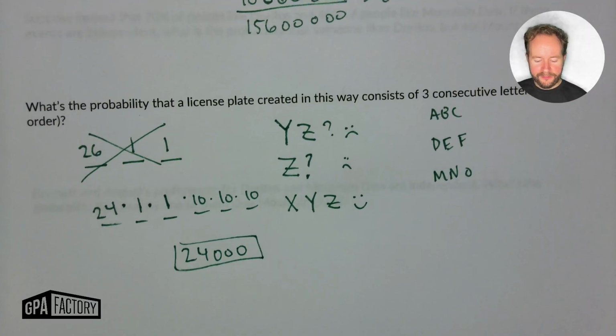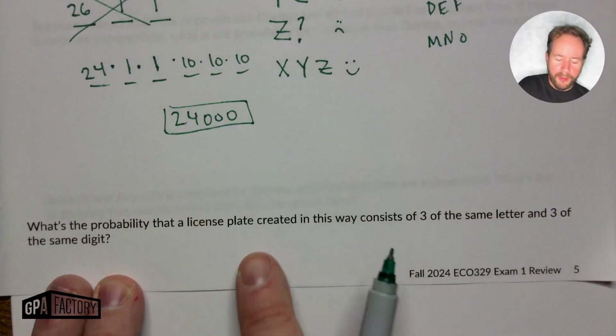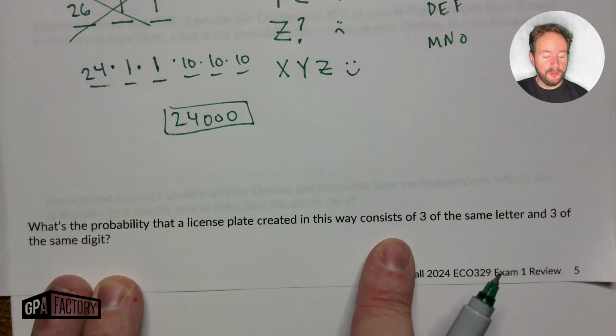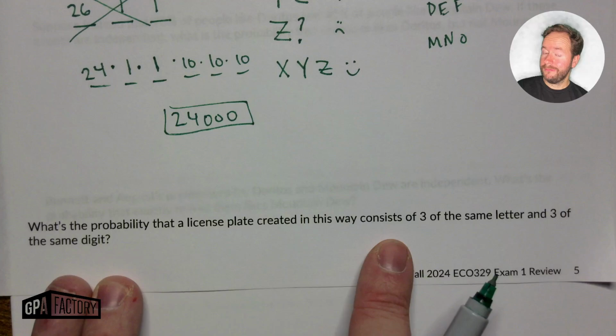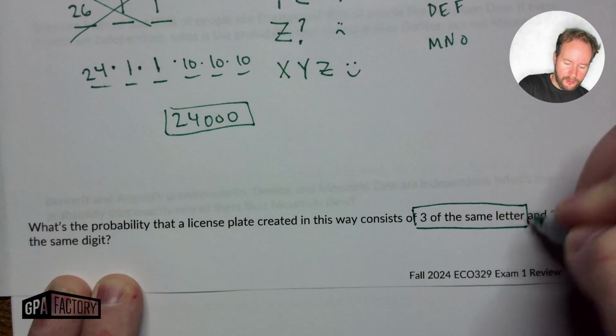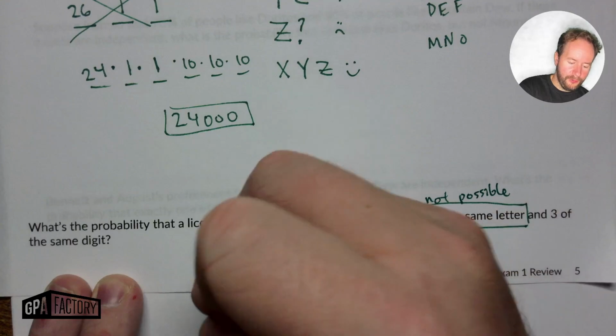And then this is a tricky question. The professor has done something like this before. What's the probability that a license plate created in this way consists of 3 of the same letter and 3 of the same digit? Well, you have to remember, letters can't be repeated. So 3 of the same letter is not possible. He has done this before.